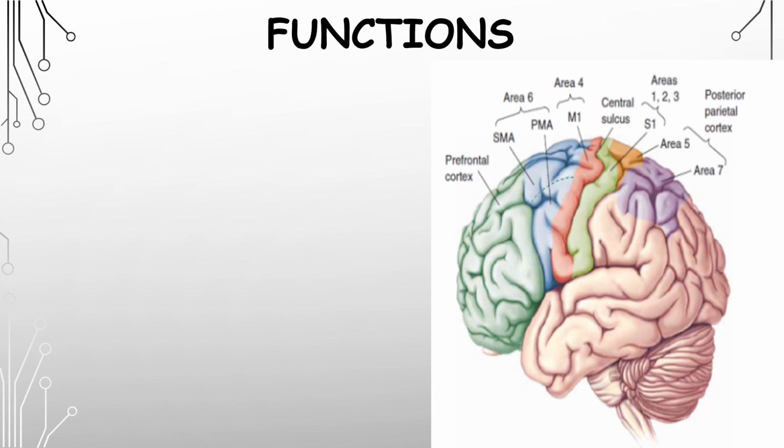Functions of the prefrontal cortex. It is a center for planned action. In association with the motor cortex, it helps to plan the complex patterns in the sequence of motor movements.